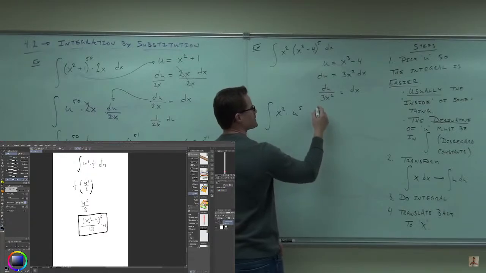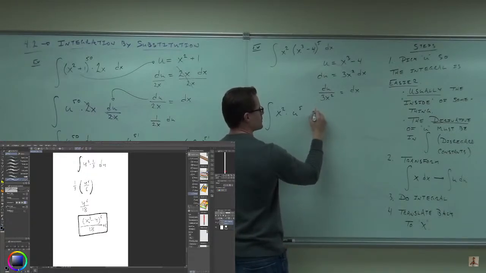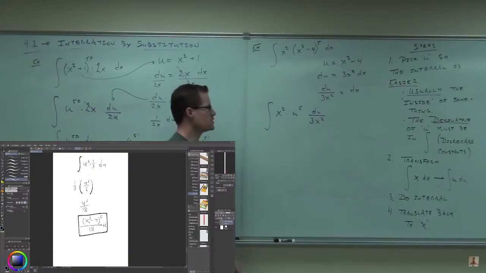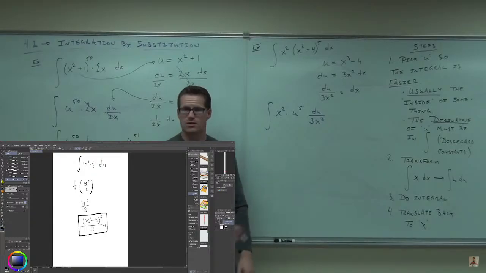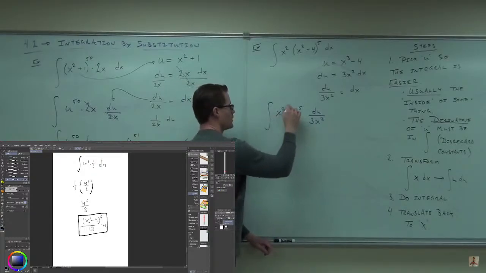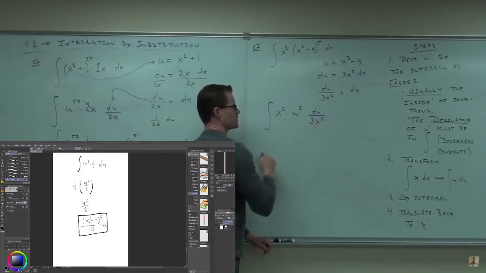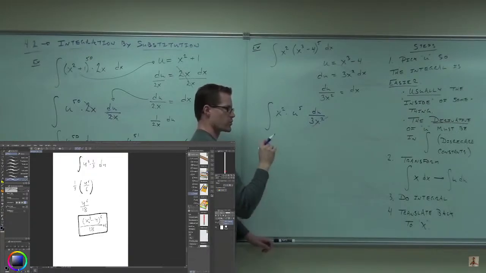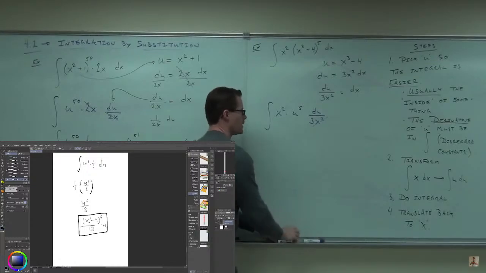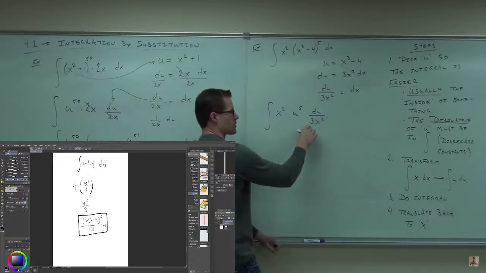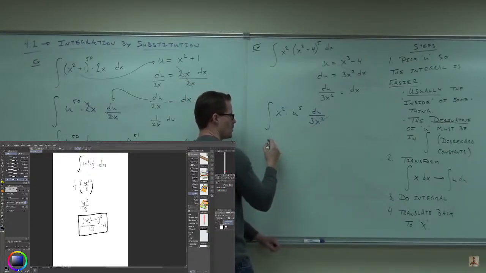And then instead of dx, I'm going to write the replacement. Do you see anything that simplifies here? What simplifies? What about the 3? Is the 3 on a numerator or denominator? So here's what I'm going to do for you. That is a 3, it's basically 1/3, right?